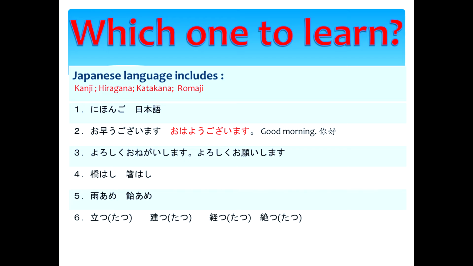Japanese kanji, hiragana, katakana, you have to learn. As I mentioned, katakana is mainly to indicate foreign language. So if you are a beginner, you don't need to focus on katakana yet, because it's not used commonly, not so practical, so we don't want to waste too much time on it.